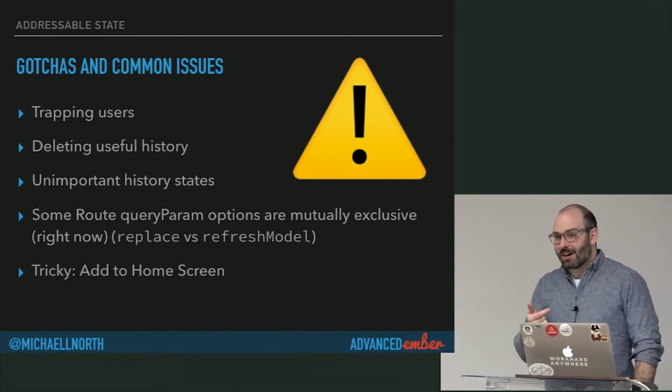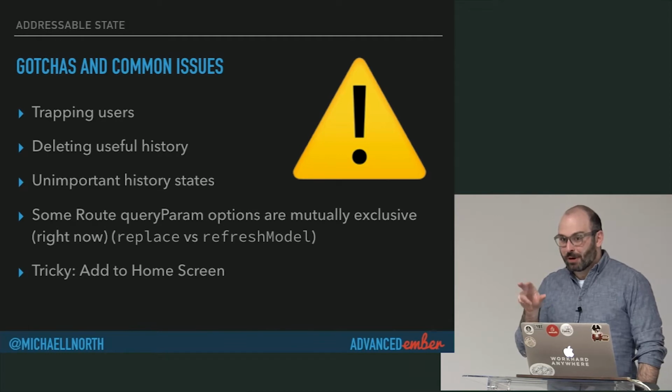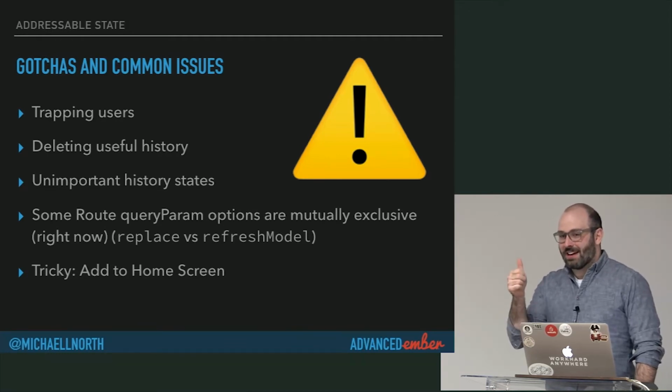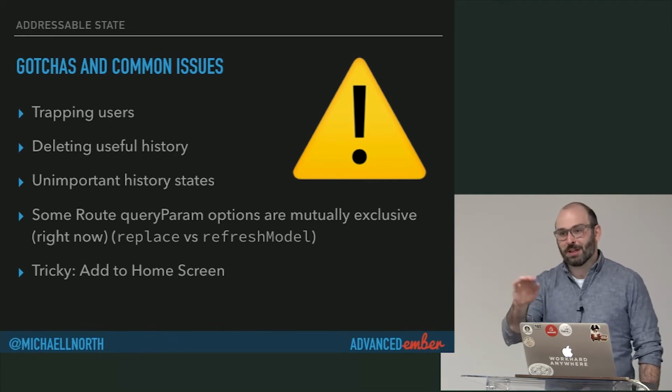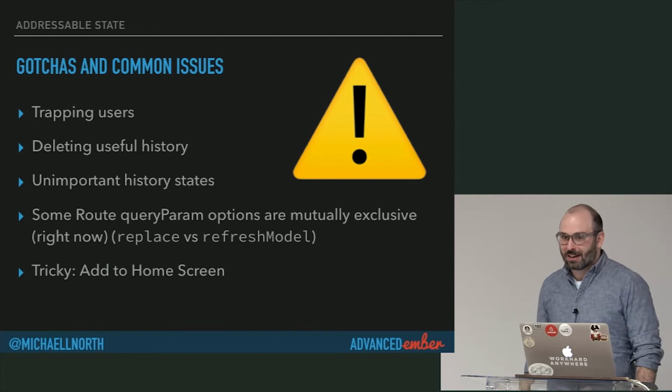That is a bookmark, and essentially that user is going to be bookmarked at that URL. And every time they fire up that app from their home screen, they're going to enter through that blog post they were on when they bookmarked.